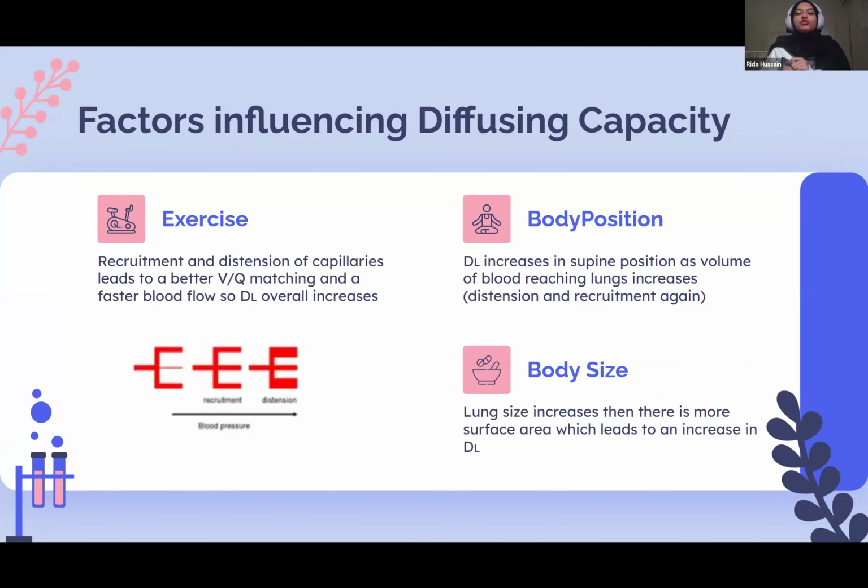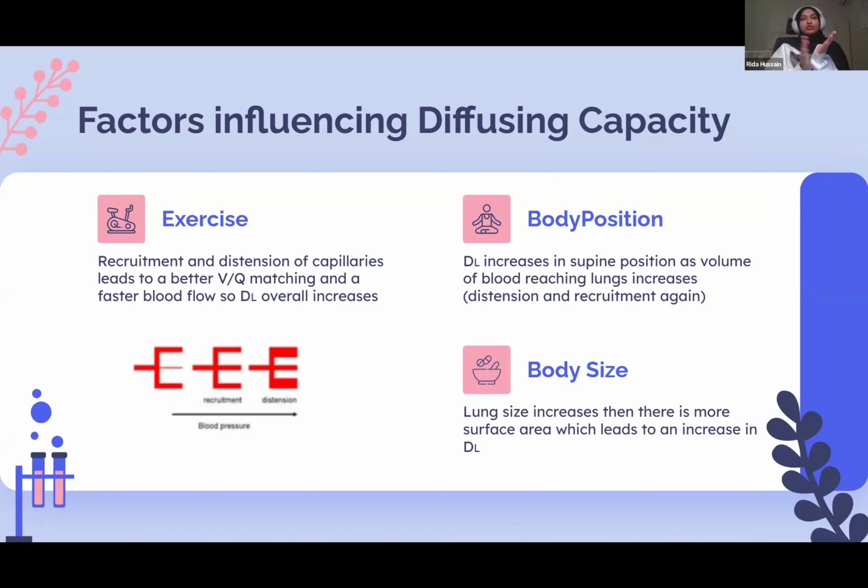Something similar is the case for body position. Imagine a water bottle. When the water bottle is standing, all of the water is pooled at the bottom because of gravity. A similar case happens with us as human beings. Normally, most of the blood pools at our feet when we're standing up straight.